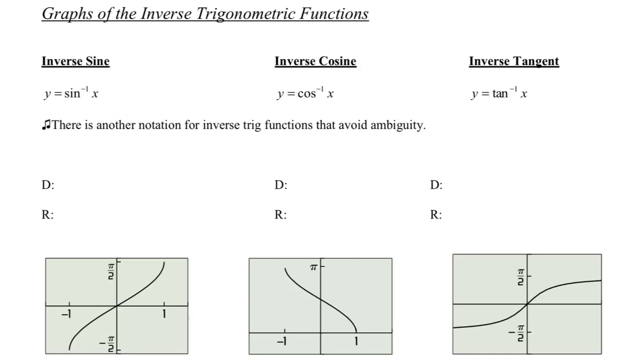Okay, here we want to talk about the domain and the range of our three inverse trig functions. And so starting with sine inverse of x, and so again, remember that there's another notation for that that helps avoid ambiguity, and so that notation would be y is equal to arc sine of x. And so if you see either of those two notations, they're talking about the same function.